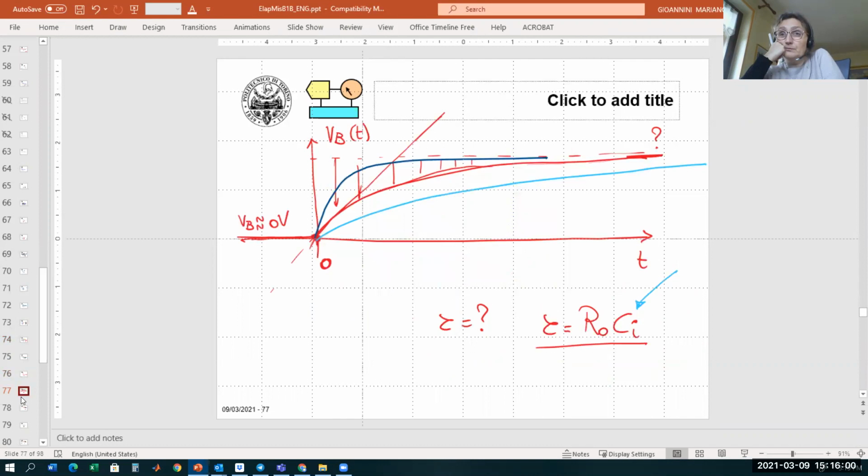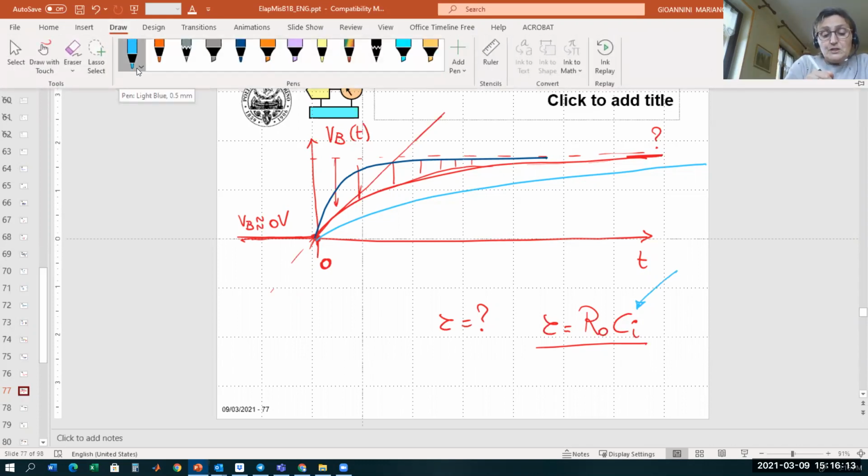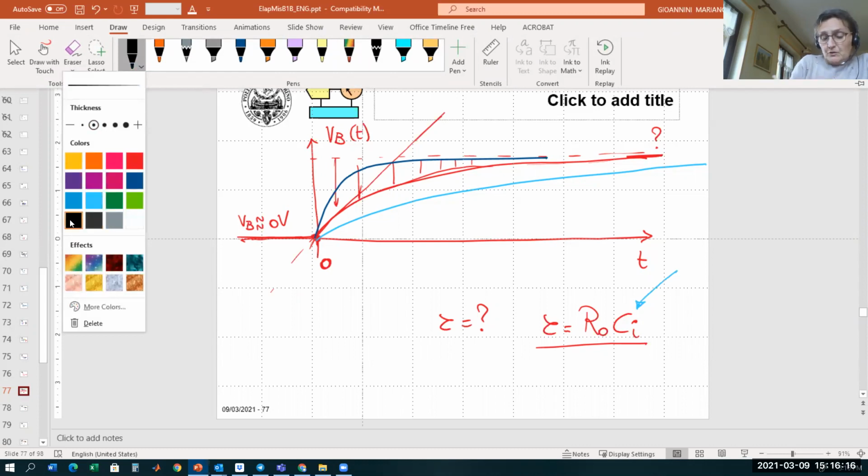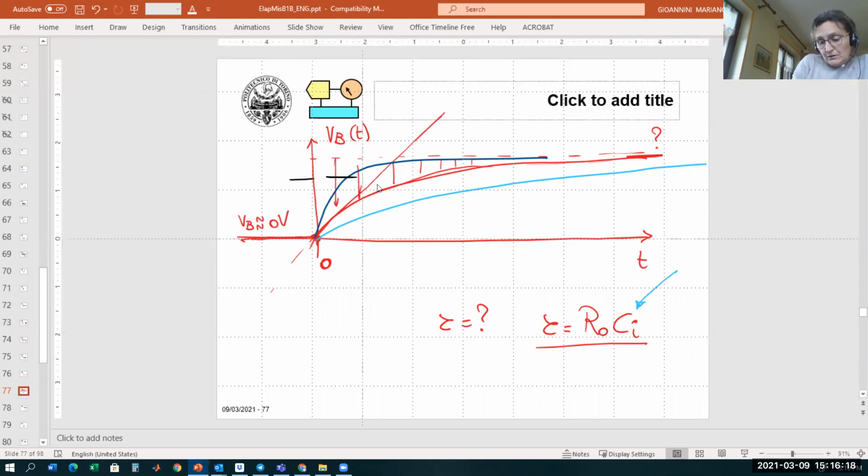Look into here. Any idea? Try to guess. Yes, the answer is correct. When the voltage VB(t) reaches VIH, so if I set here this level VIH, I see that, for example, if I take the red transient, I'm at this point.